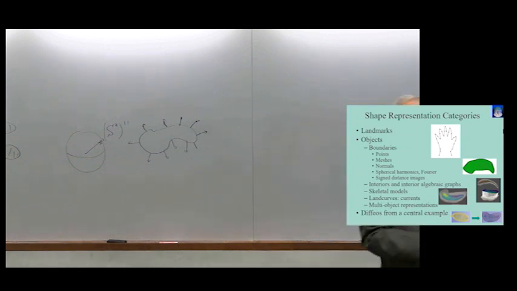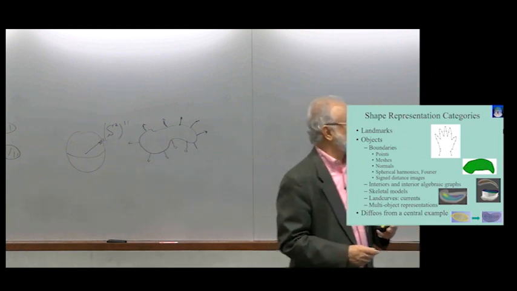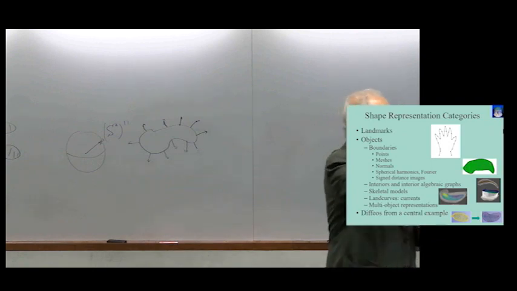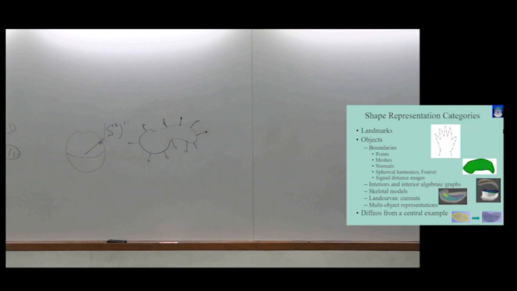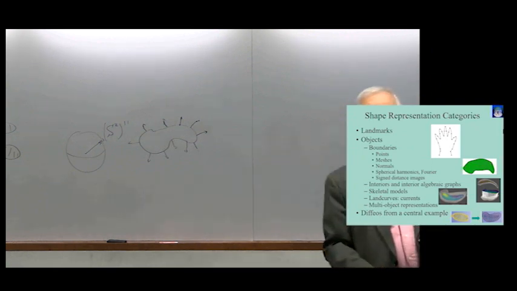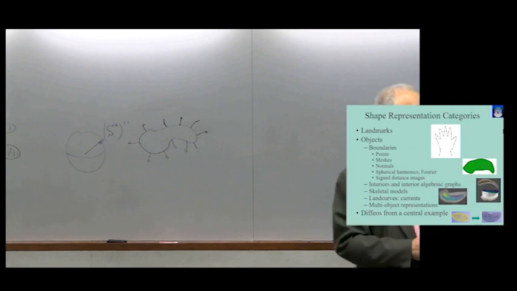Typically, these points are on boundaries. So we're talking about representing boundary points, or the points can be connected, in 2D by lines between them, or in 3D by little planar tiles, like you see in this object here, and all the points at the vertices of the respective tiles can form a representation.